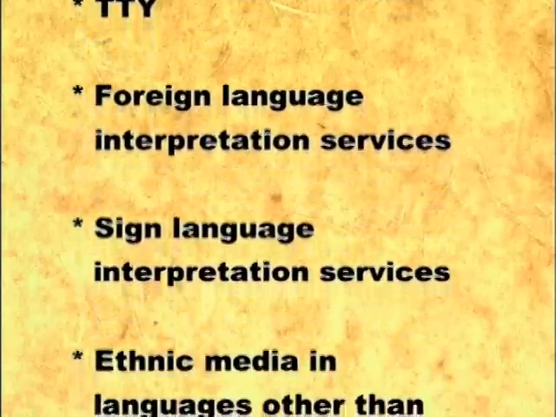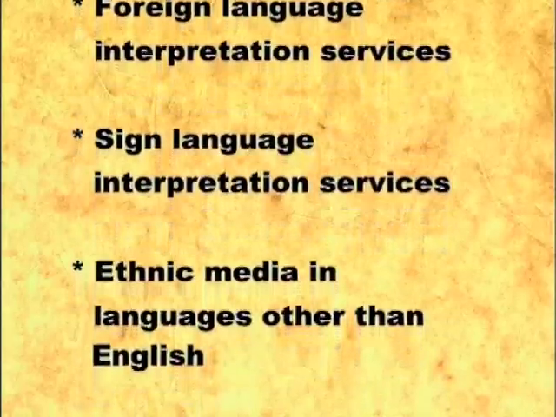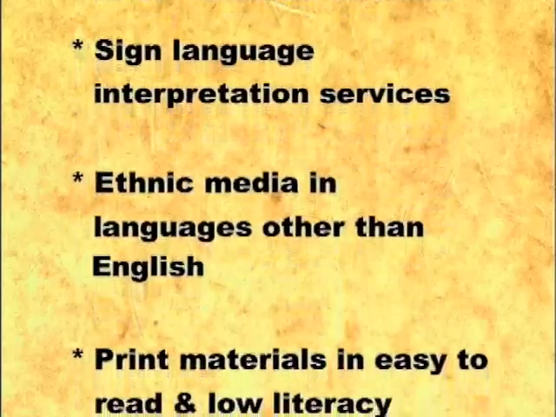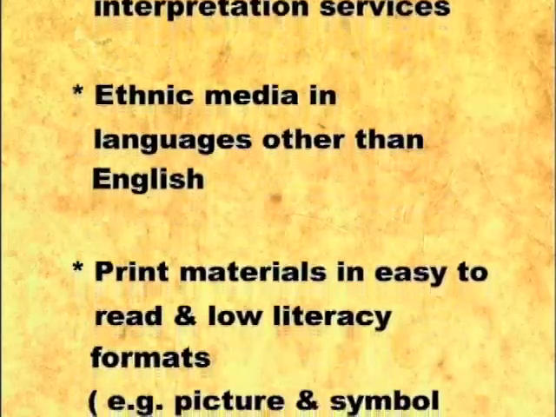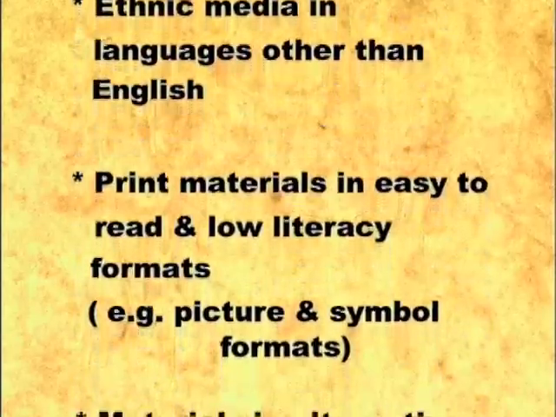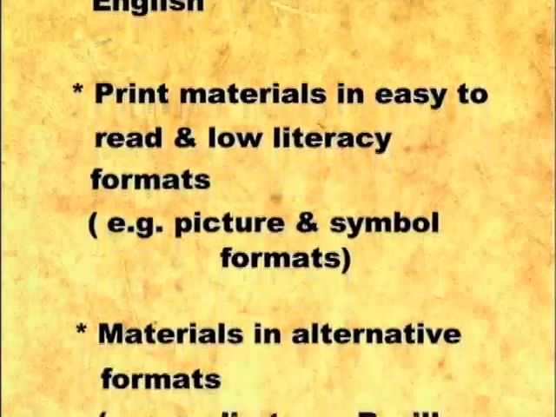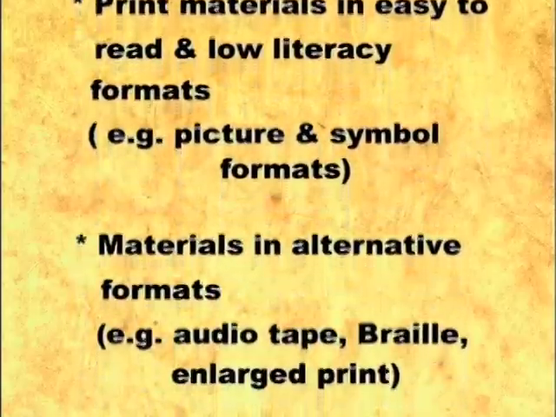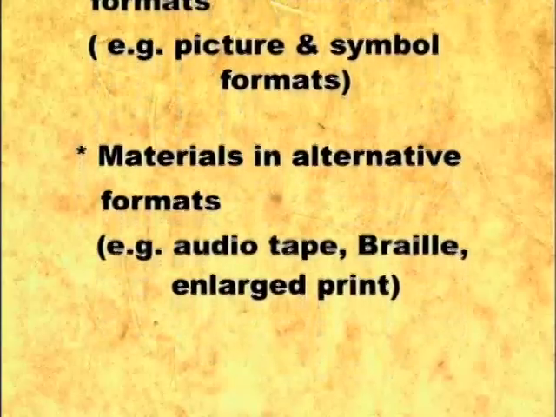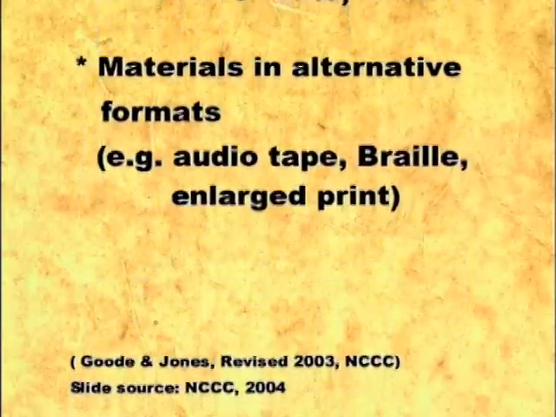Other things we think about may be ethnic media in languages other than English, and materials in easy to read and low literacy formats that may include pictures and or symbols. We also need to look at materials in alternative formats, including Braille, large print, and audio tape, again accommodating the needs of individuals who may have disabilities.